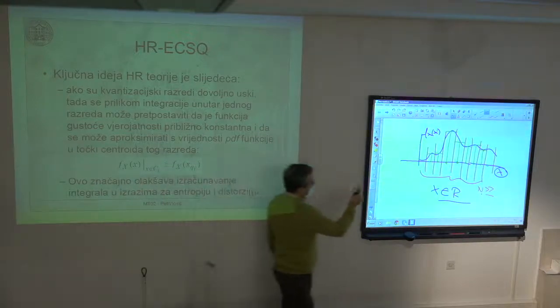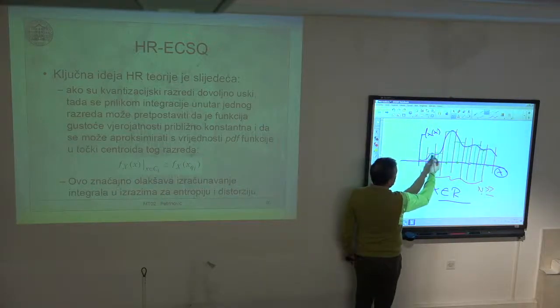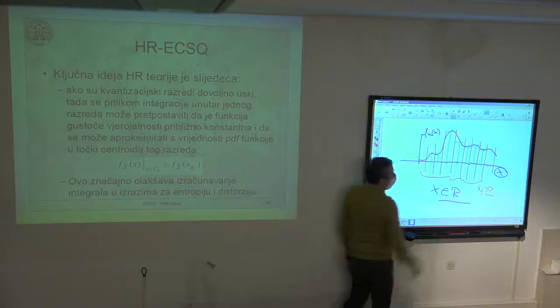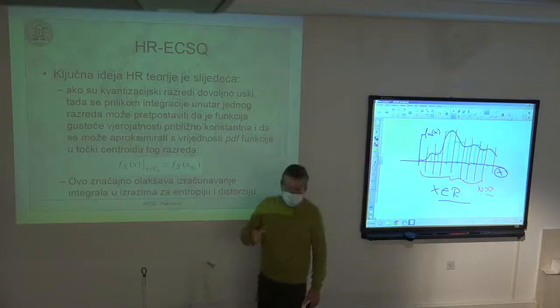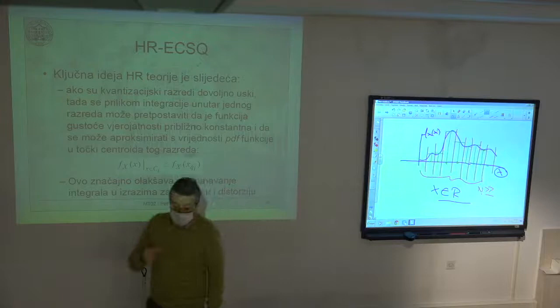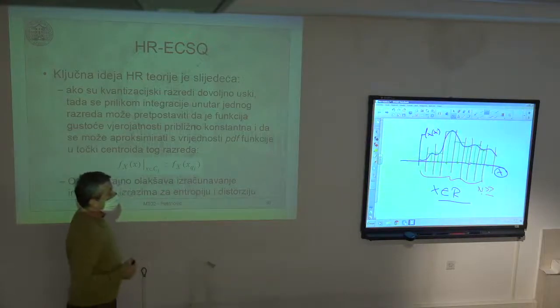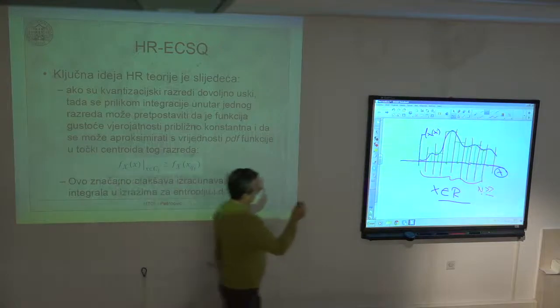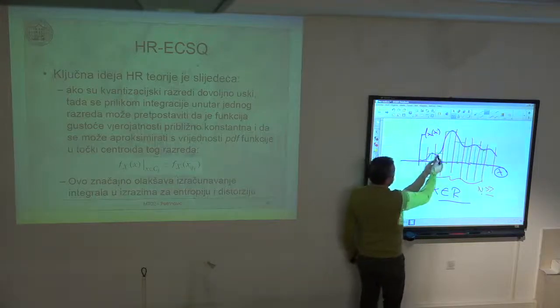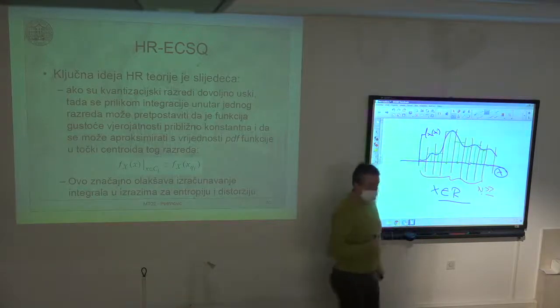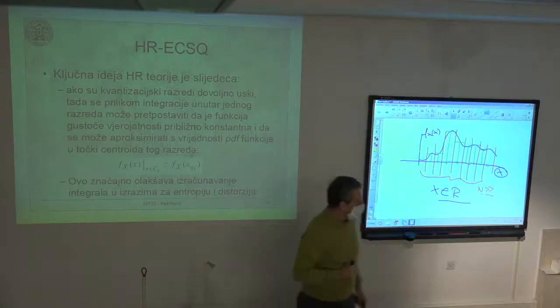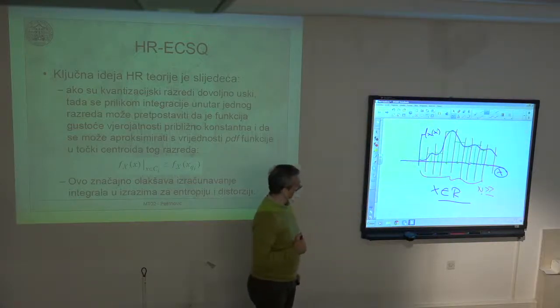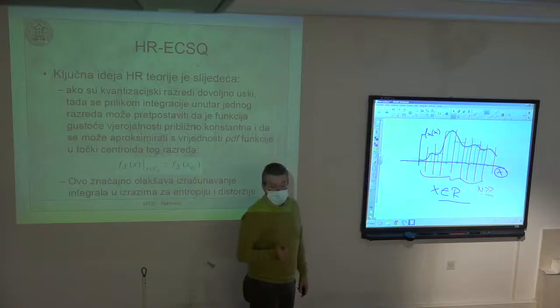In this example, this change was relatively large. But if I get narrower and narrower intervals by increasing the number of quantization levels, then this change of the PDF within one interval would be smaller. And that is this high rate approximation.